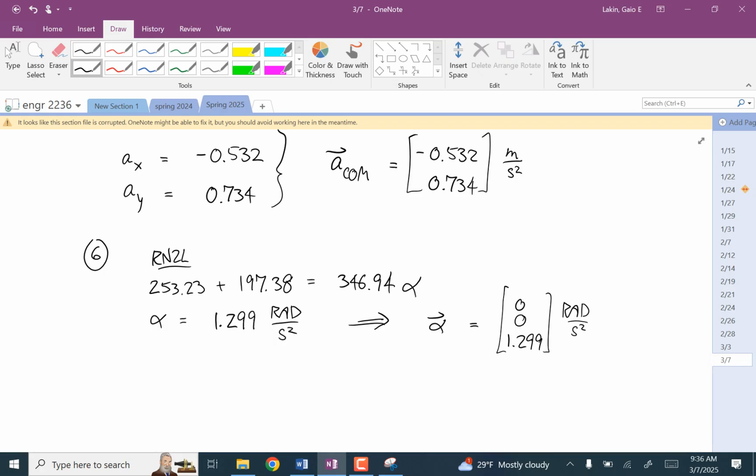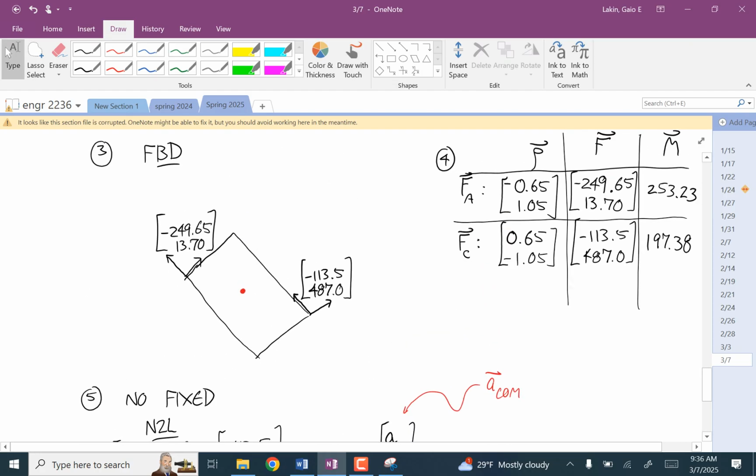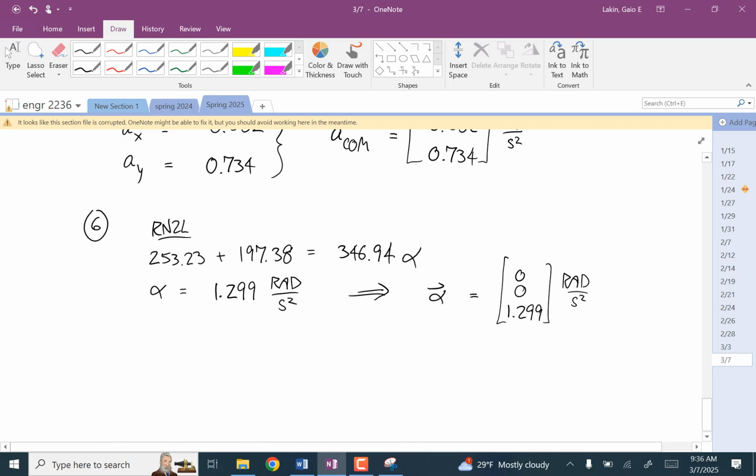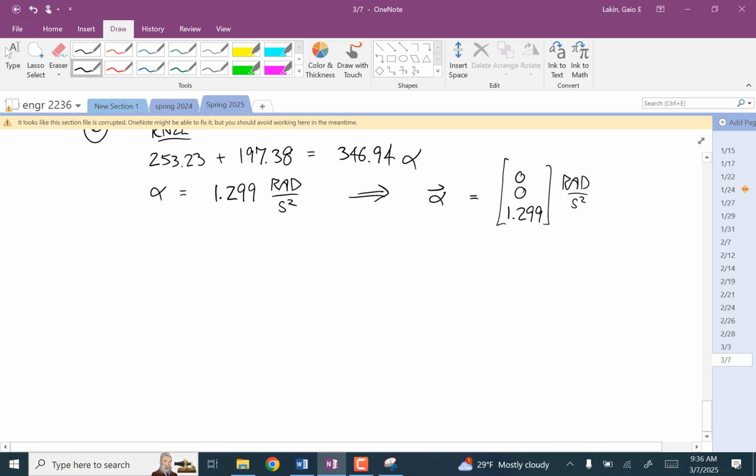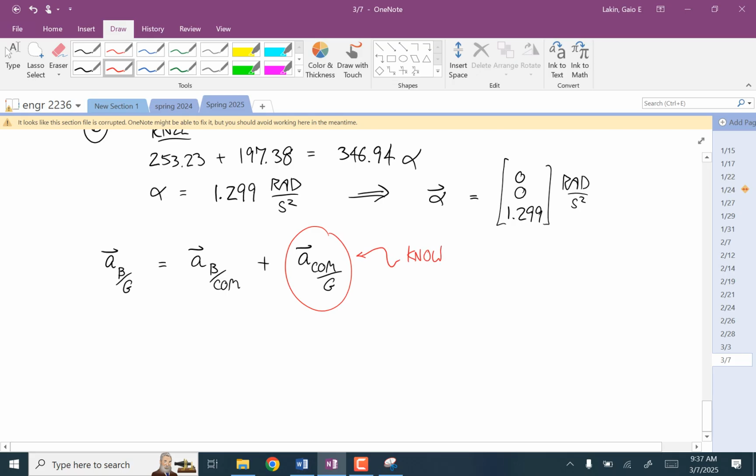So now what we're trying to calculate is the acceleration of the point B. That's this one down here in the lower right. So the acceleration of B relative to the ground is the acceleration of B relative to the center of mass plus the acceleration of the center of mass relative to the ground. This one we know from Newton's second law.